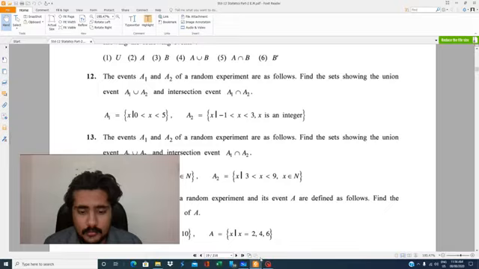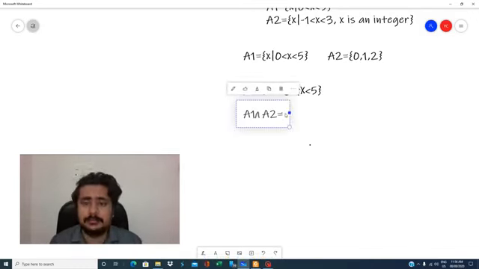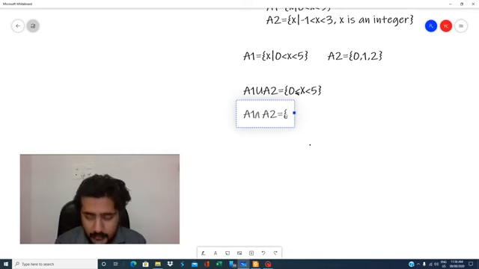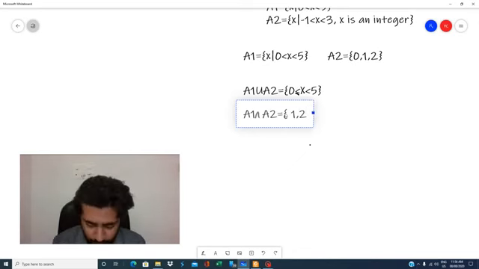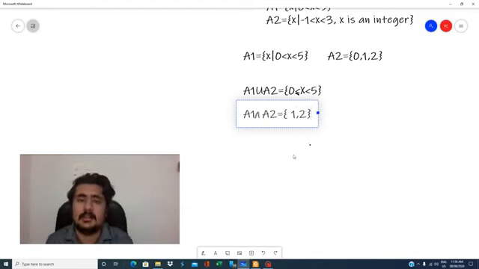So A1 intersection A2. Now what will be A1 intersection A2? It will be, see, 0 is in A2 but it is not in A1. So 0 will not be in the intersection. Intersection will be 1 and 2.